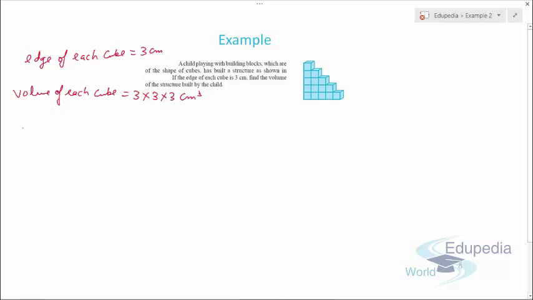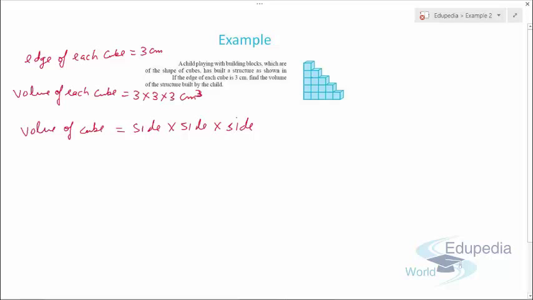Why? Because we all know that volume of cube is given by side into side into side, right? So that's why it's 3 times 3 times 3 centimeter cube.